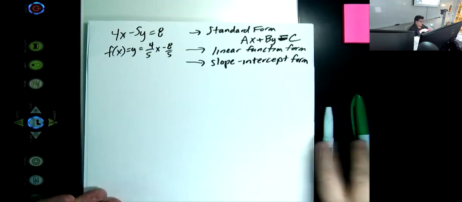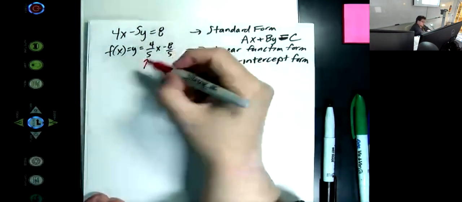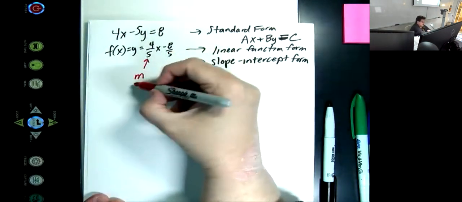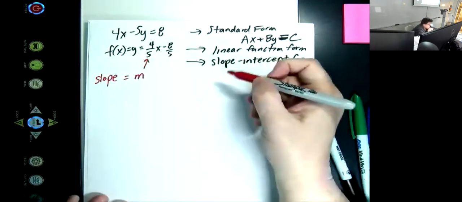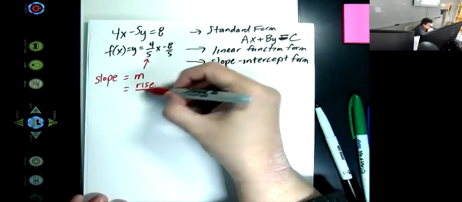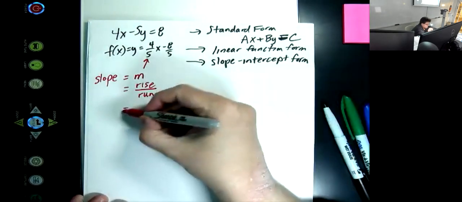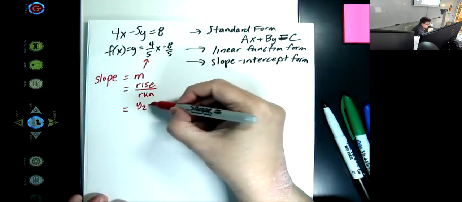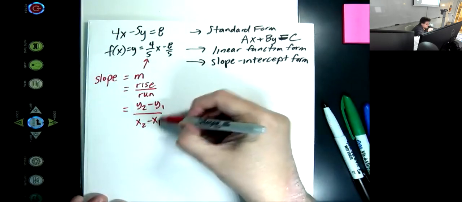The value in front of x is m, and this is our slope. We talked about this being rise over run. It's also a change in y, y2 minus y1 over x2 minus x1.